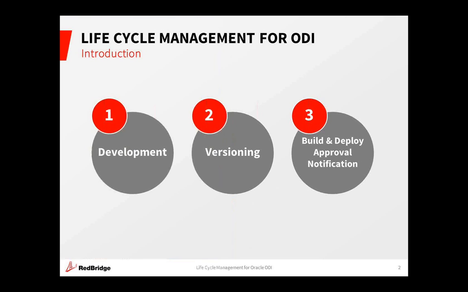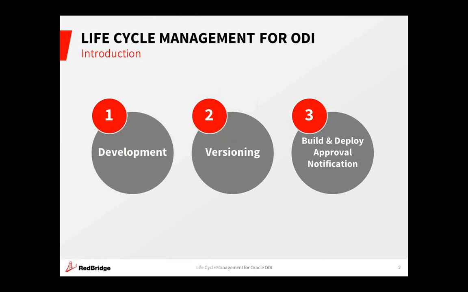What is the importance of it? Versioning will allow your developers to do concurrent work, and later in the cycle it will also give you a view on the different versions and releases you have.